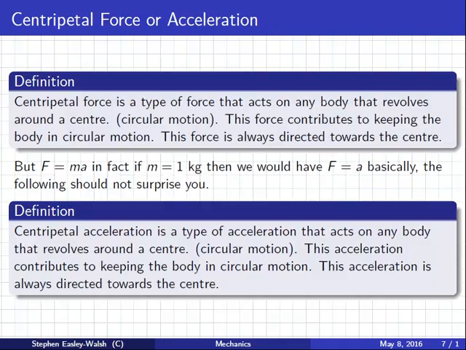So here, above force, you can just put a little arrow saying or acceleration. Don't write all of this down again. Just put a little arrow here above force and say or acceleration.